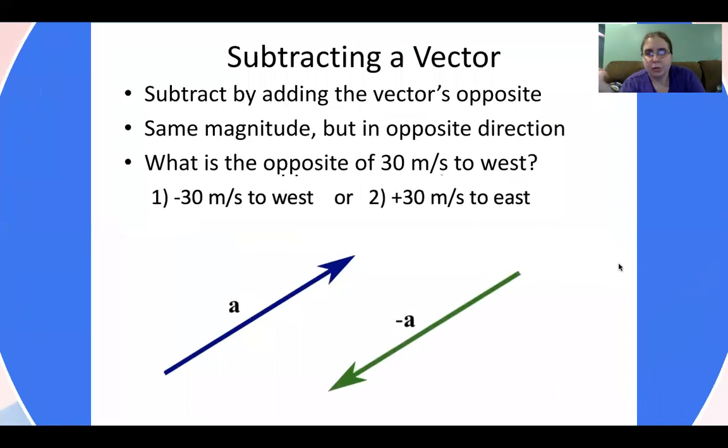Subtracting a vector, and this is what we were already hinting at, is when you subtract a vector, it's not necessarily that you're truly subtracting it, but you are adding the opposite. So you are adding the negative. So again, same magnitude, we can have displacement in this direction and displacement in that direction. But since they're going in opposite directions, remember, how do we tell opposites?